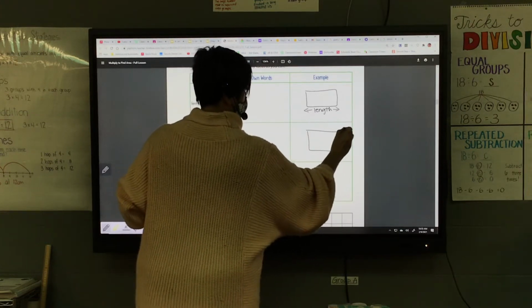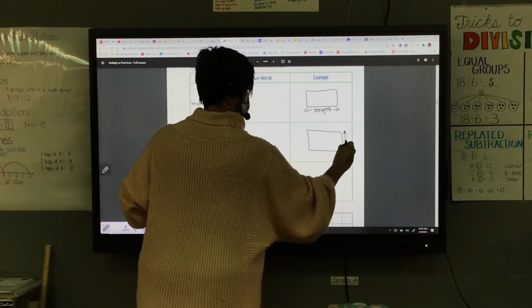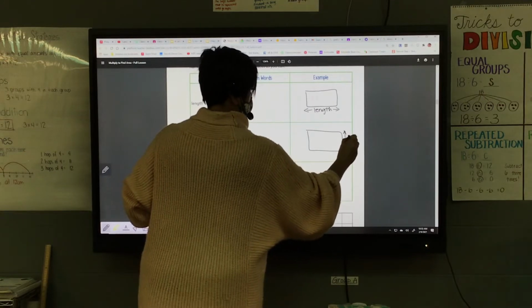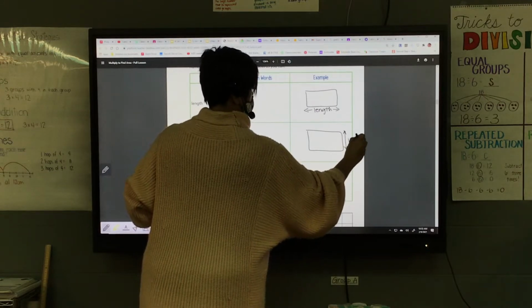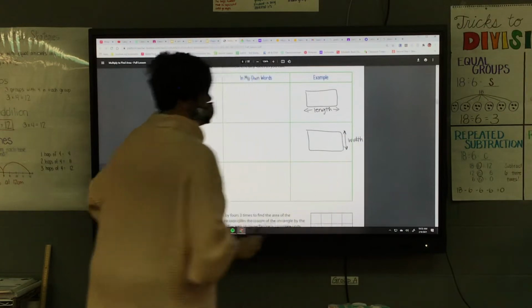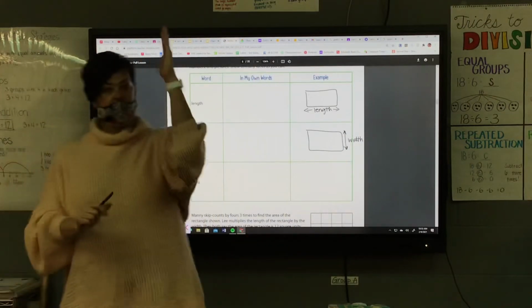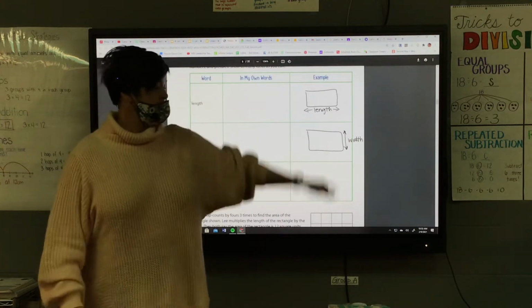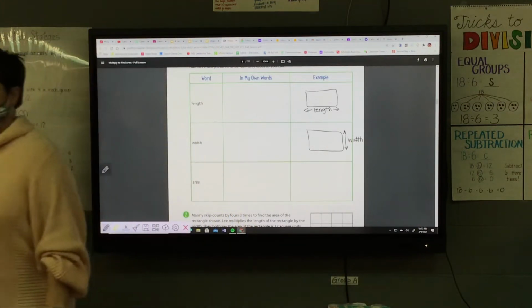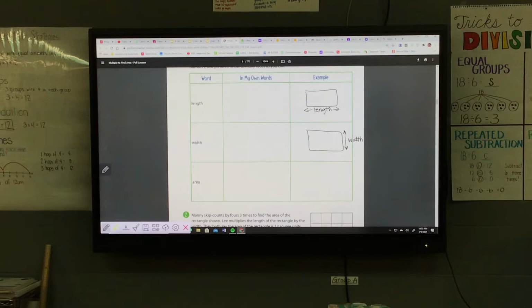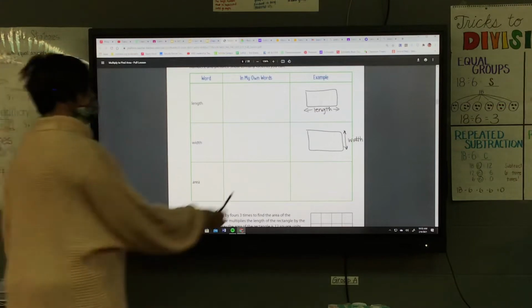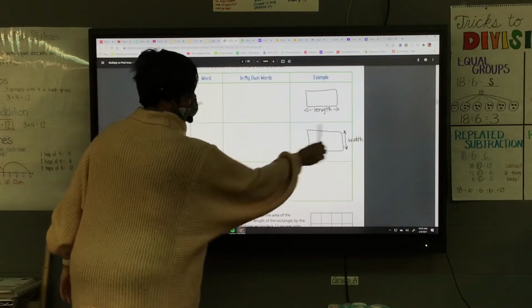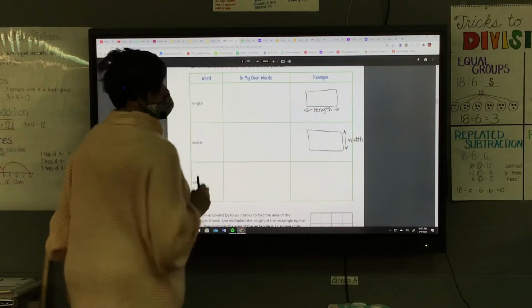I didn't leave myself much space over here. I'm just going to write the word width with an arrow pointing up and down, showing which is the width of that rectangle. Can I do it on this side? Sure. Either side, it doesn't matter, because they are both the width on either side. Yes.